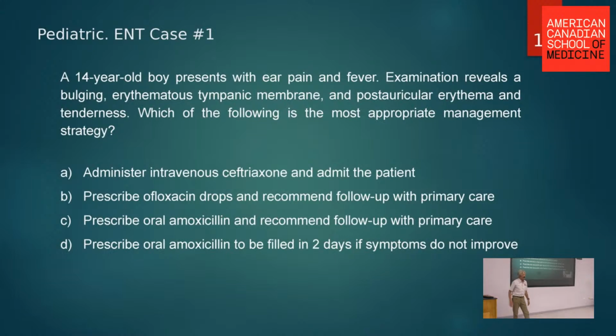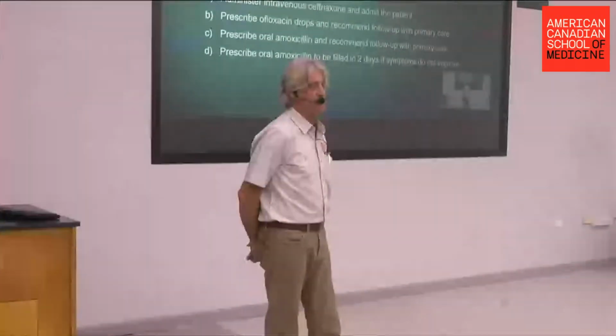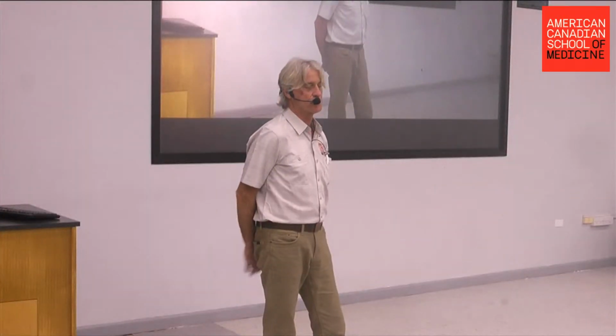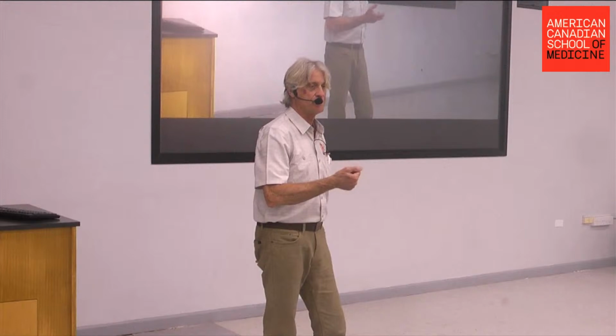So, a couple of things here in the history that concern you. Ear pain and fever. Okay, it could be an otitis media or it could be a viral illness or something. A bulging erythematous tympanic membrane, usually consistent with fluid in there. If you're good at examining ears, you should also see if the eardrum has scarring or if when you insufflate air, the eardrum moves.